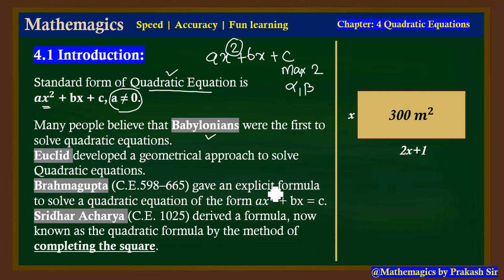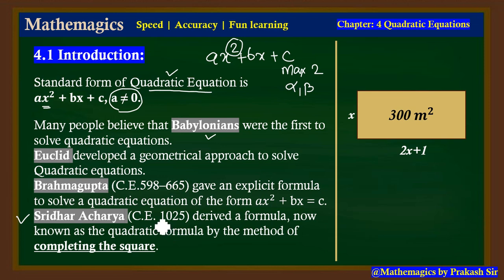Now, the most famous personality, Sridhar Acharya, who is again an Indian, derived the formula now known as the quadratic formula by the method of completing the square. We are going to discuss all this, and we use the completing square method.